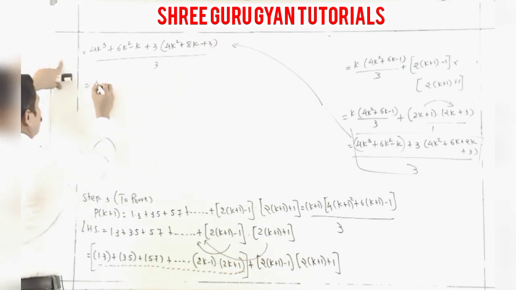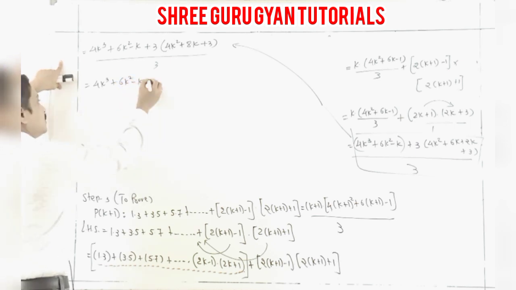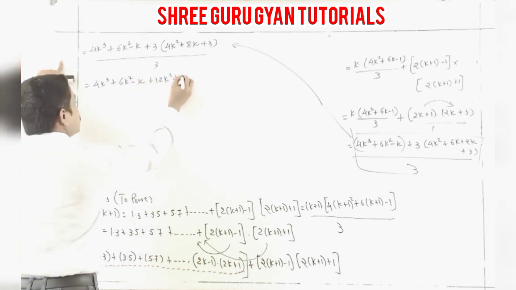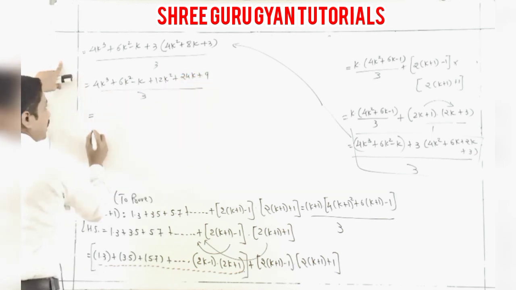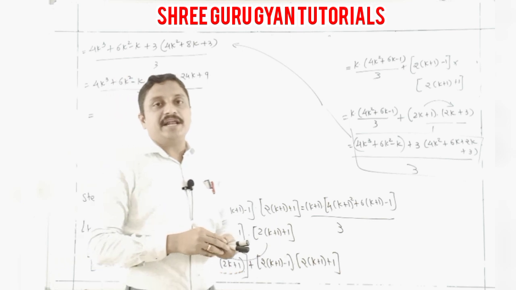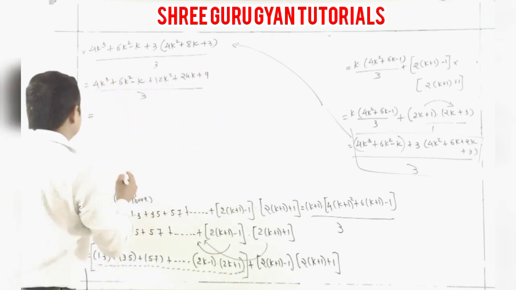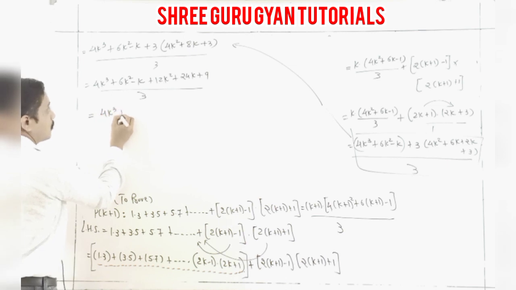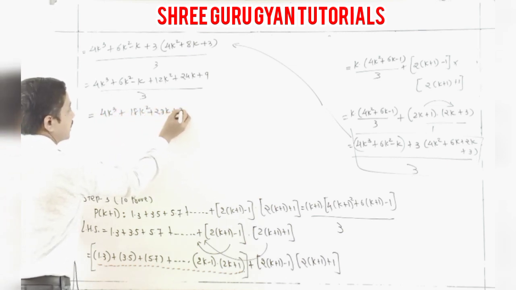So 4k cube, 6k square minus k, here 12k square, 8 is a 24, 12 is a 9. And now students, here I just rearrange our power divided value. 4k cube, 18k square 23k plus 9 by 3.